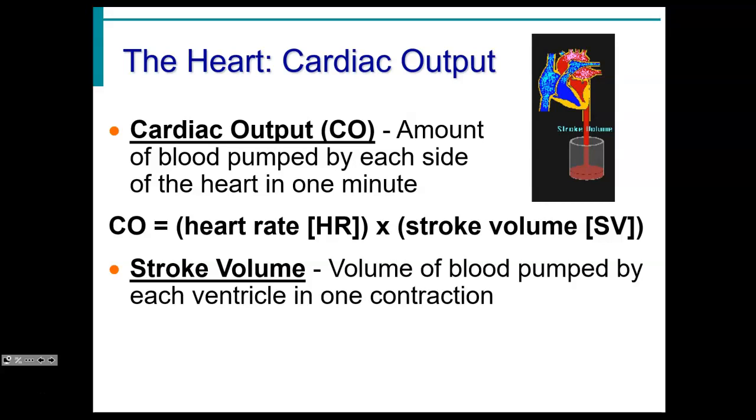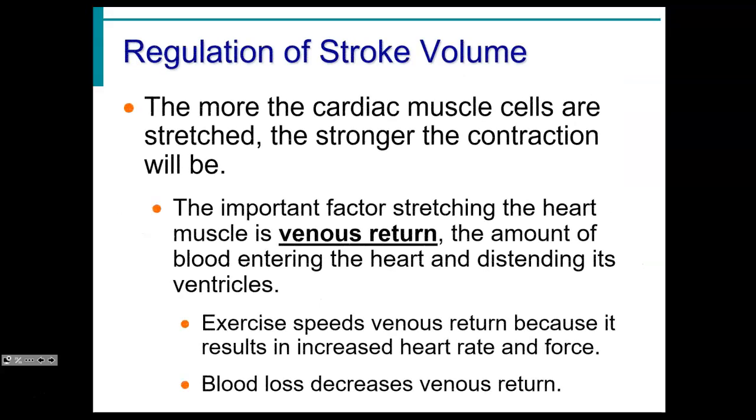If you want to figure out your cardiac output, and you know how much blood is given off with each beat, you can just take the heart rate and multiply that by the stroke volume, and that gives you your cardiac output. They were showing at the beginning, you pump about 6,000 liters a day throughout that whole process, on average. Bigger people need more blood, smaller people need less. So that's an average.